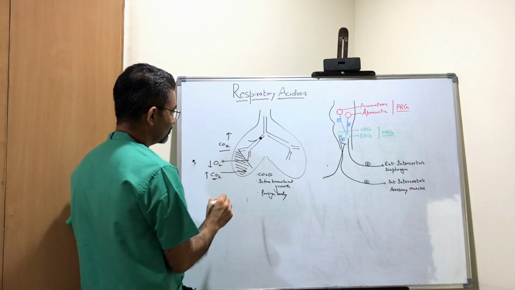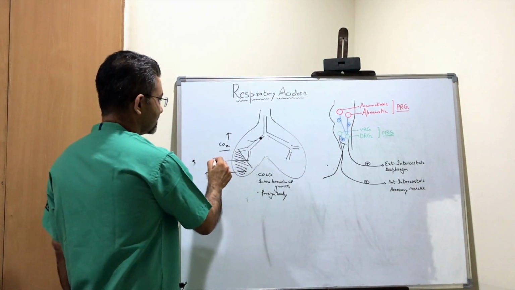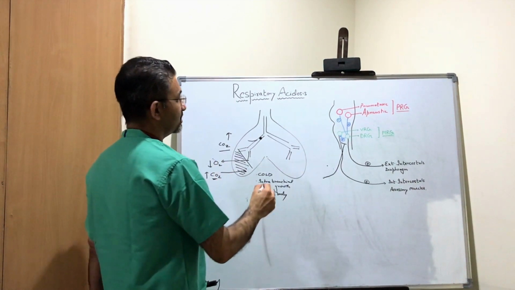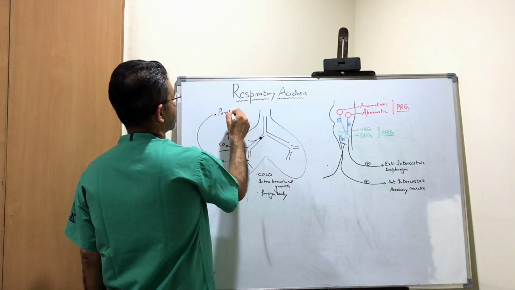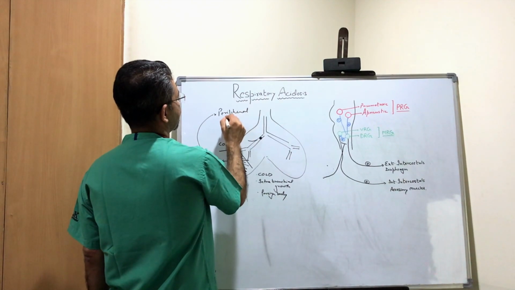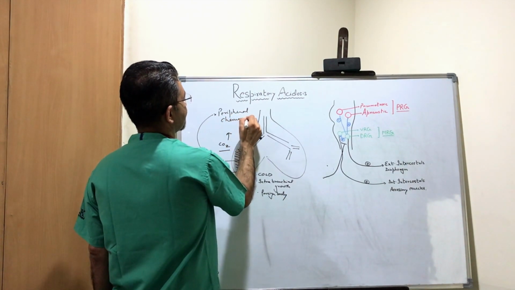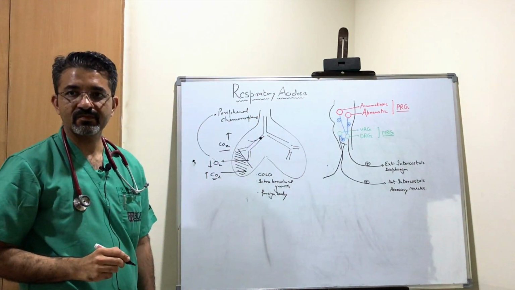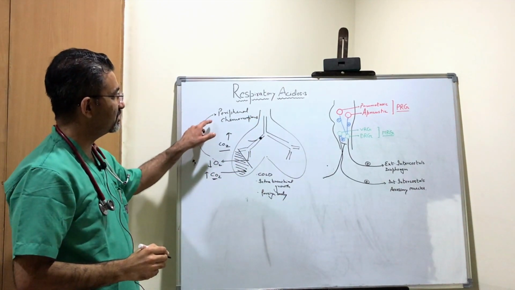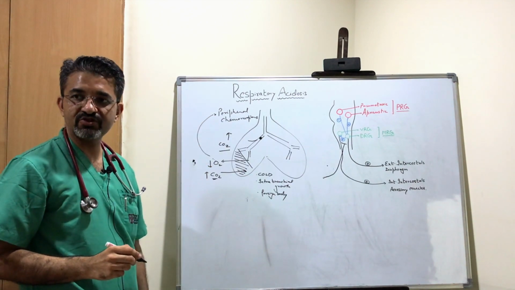So low oxygen is an important stimulus of your peripheral chemoreceptors, which are in your carotids and which are in your aorta. So hypoxia is a potent peripheral chemoreceptor stimulator.